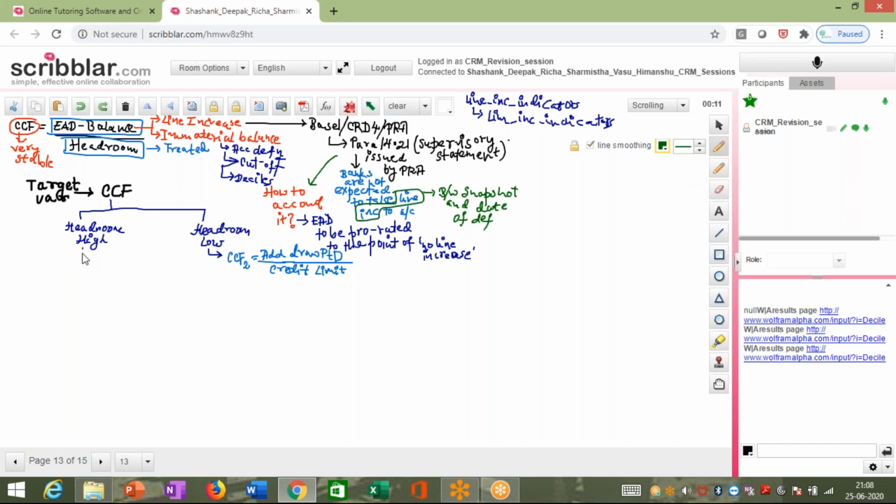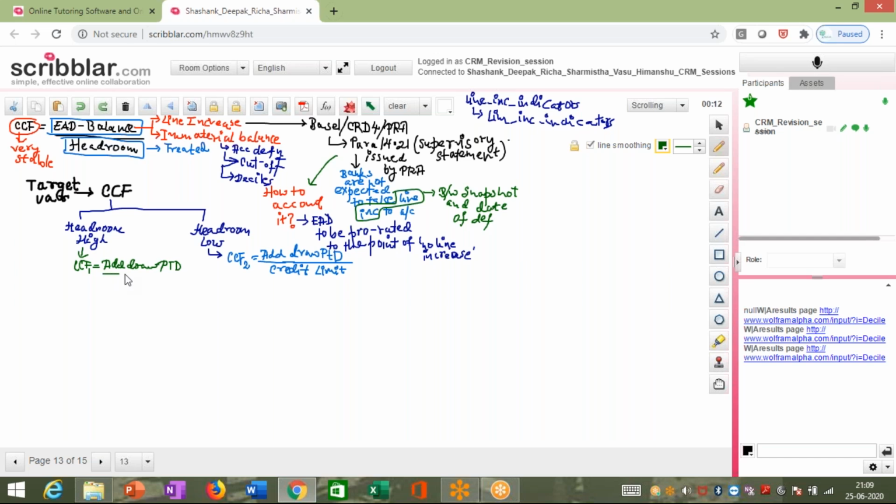And if the headroom is high, then we are using the first definition, which is CCF1, the original definition, which is additional drawings prior to default divided by the headroom.